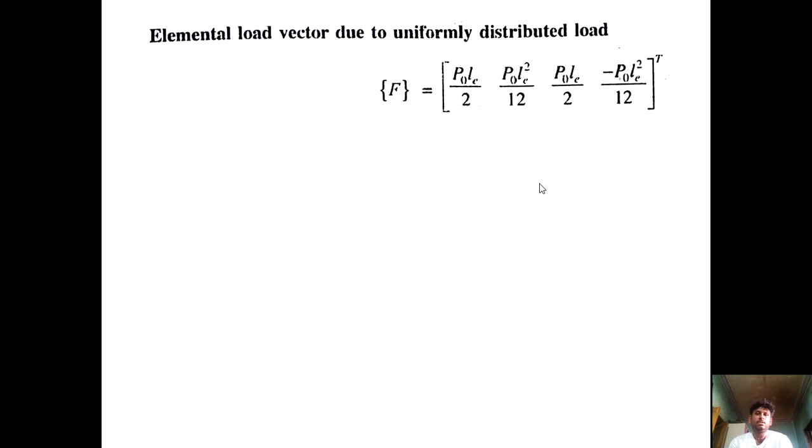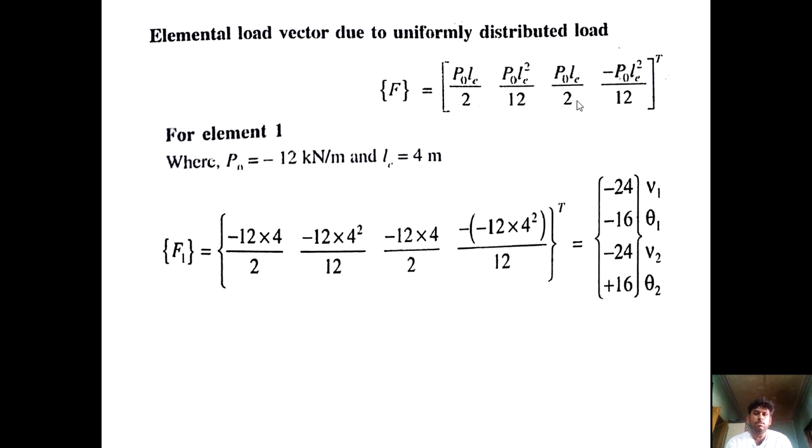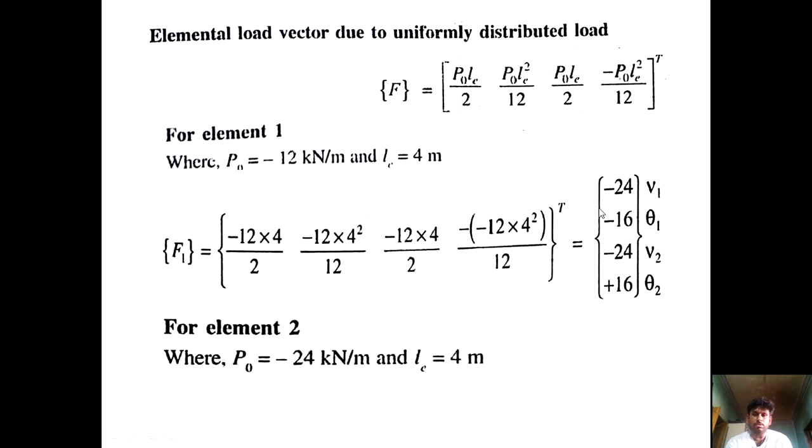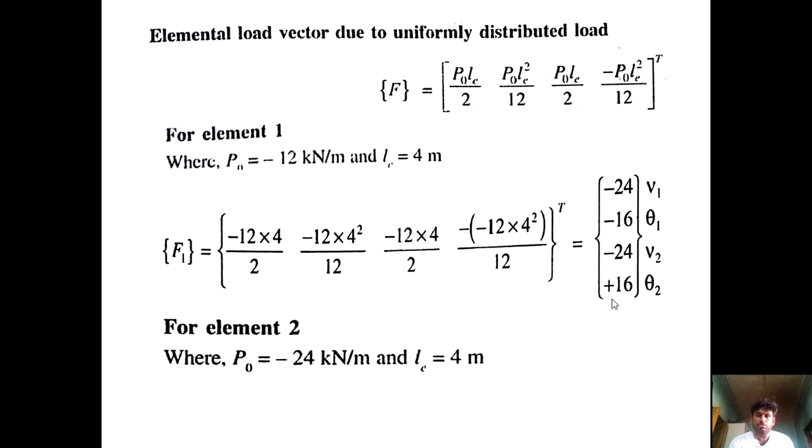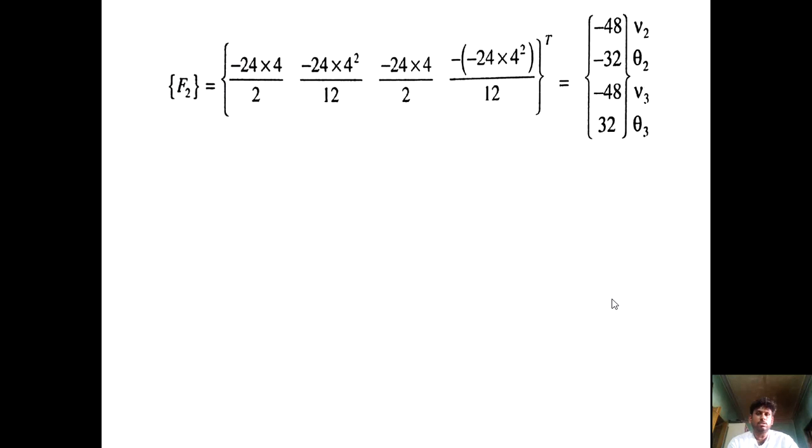For element 1, if I substitute P0 equals minus 12 kilonewton per meter and L equals 4 meter, I get F equals minus 24, minus 16, minus 24, plus 16. Similarly for element 2, P0 is minus 24 and L is 4 meter, so the load vector will be minus 48, minus 32, minus 48 and plus 32.